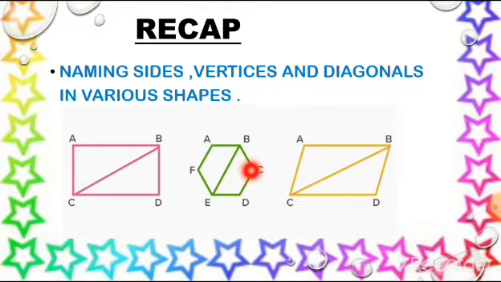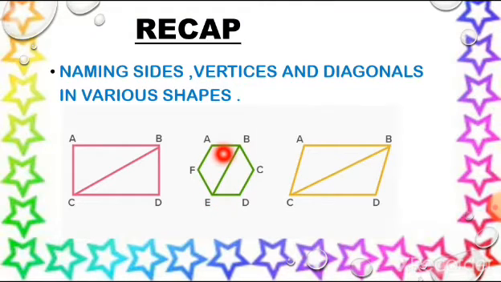BC is a side. CD, DE, EF and FA. These are the sides of this shape. And the vertices are A, B, C, D, E and F.